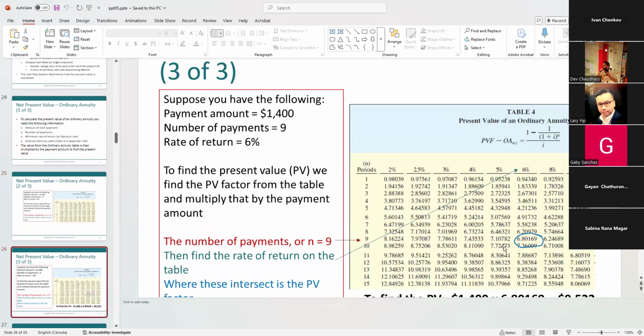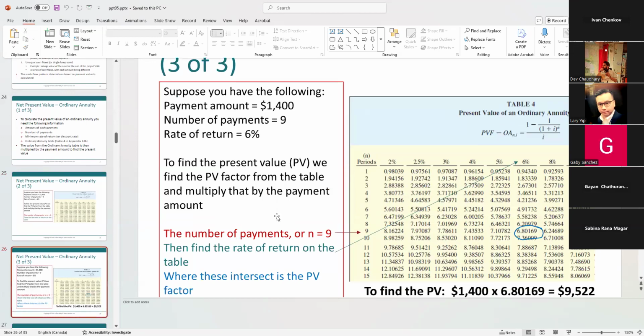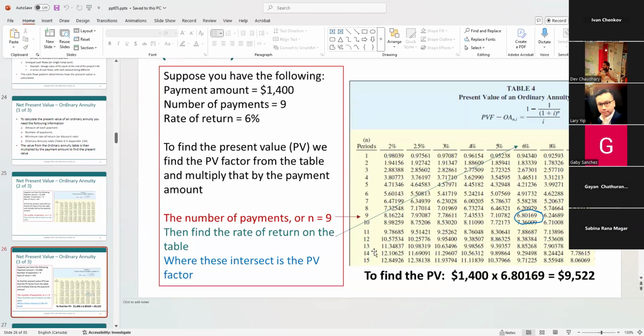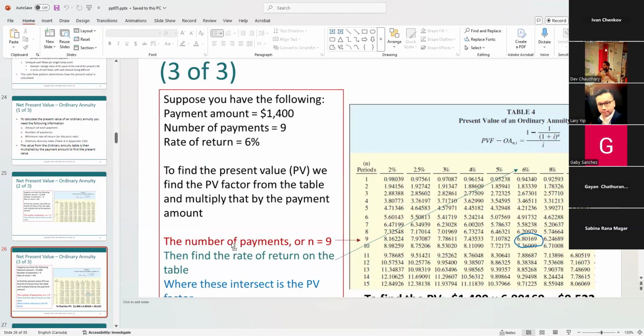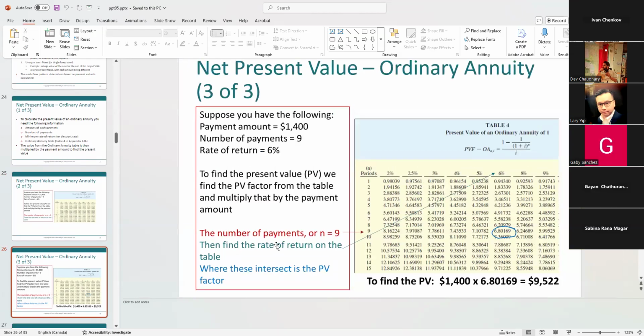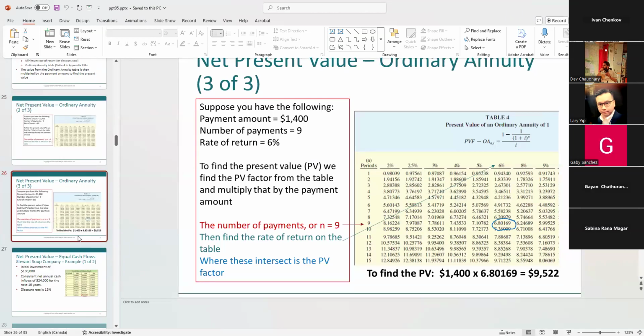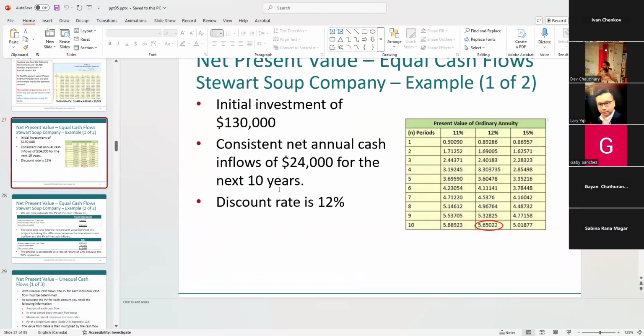And once you apply this amount, you're gonna see how much is the present value of the amount of payment of amount $1,400 after 9 years. That will be one option to do it.